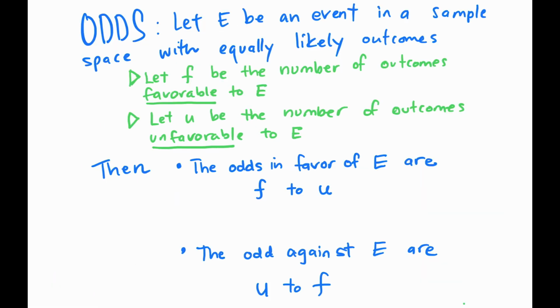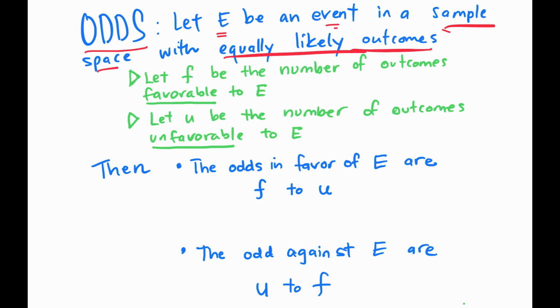The very last thing I want to mention is this idea of odds. So what do we mean when we say the odds against or the odds in favor? So let E be an event, and we're going to go back to a sample space that has equally likely outcomes.